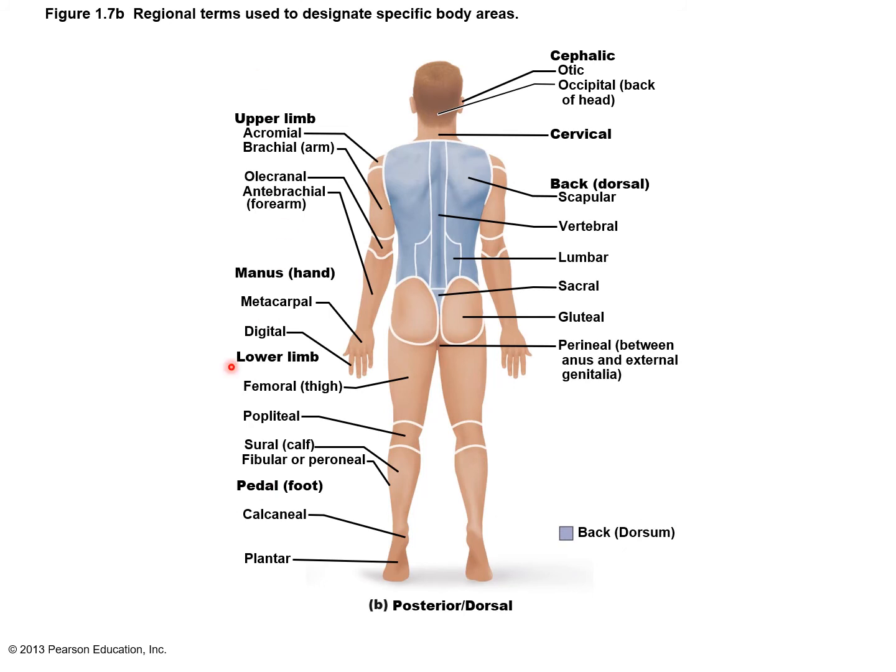Femoral would mean thigh because your femur bone is right there. Olecranal would actually mean elbow. We are going to eventually learn all of these terms together.